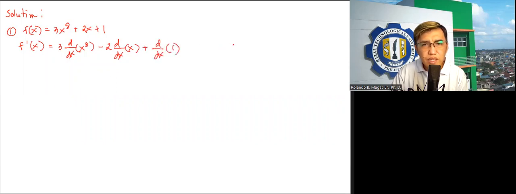This is basic differentiation formula numbers 3 and 4, respectively.